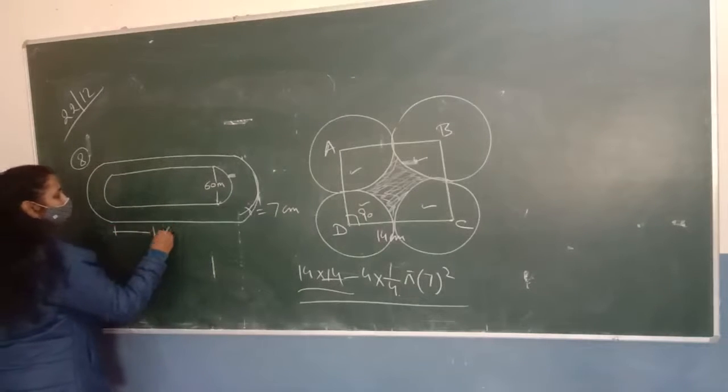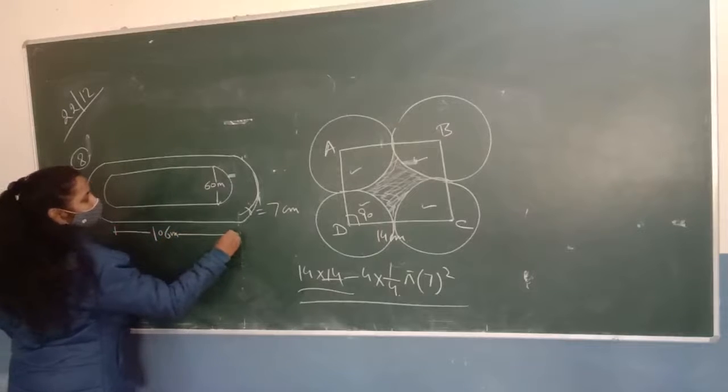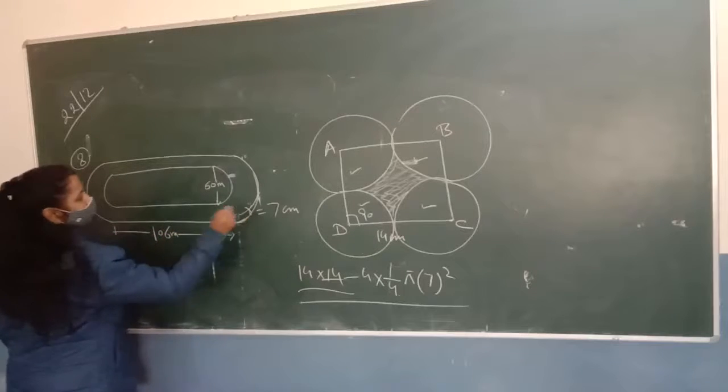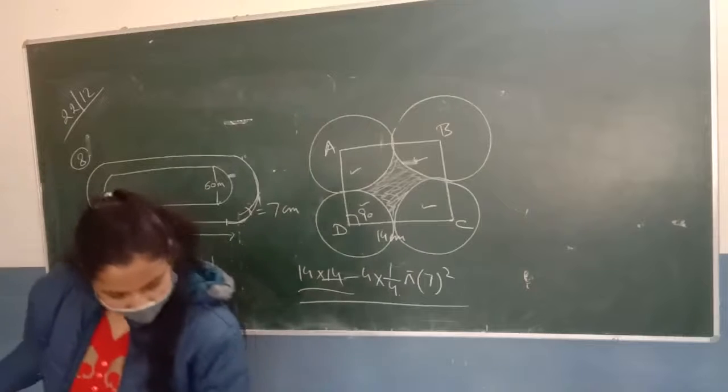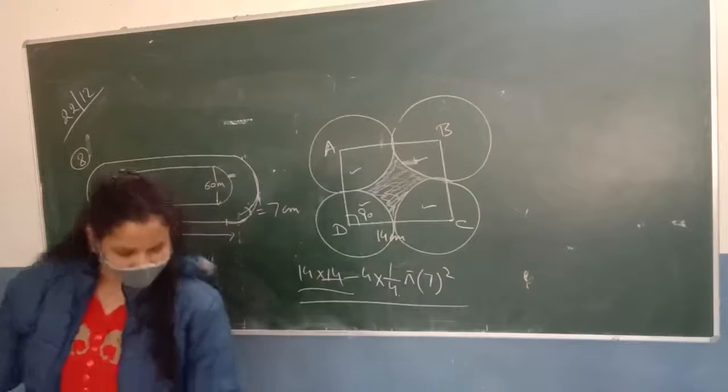This is 106 meter, the length of these parallel sides. The track is 10 meter wide.